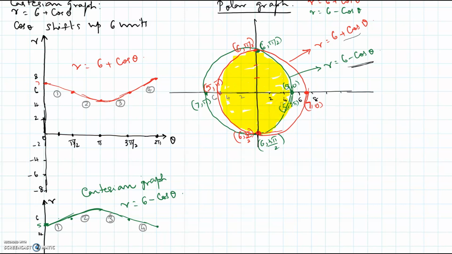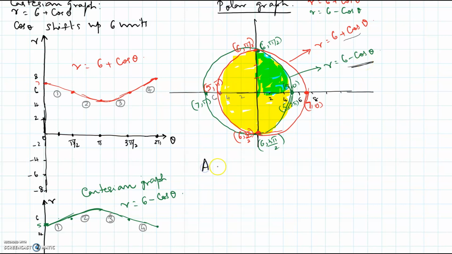As the area is symmetric with respect to the theta axis and the r axis, it can be considered as 4 times the area of this part. This part is made up of only the green graph, 6 minus cosine theta.